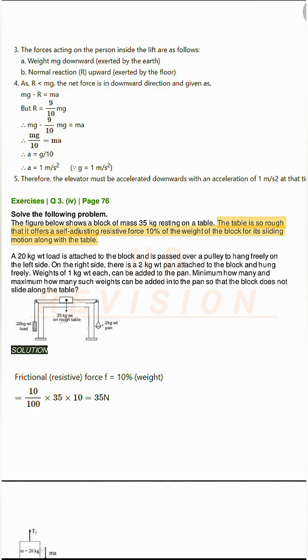A 20 kg Wt load is attached to the block and is passed over a pulley to hang freely on the left side. On the right side, there is a 2 kg Wt pan attached to the block and hung freely. Weights of 1 kg Wt each can be added to the pan. Minimum how many and maximum how many such weights can be added into the pan so that the block does not slide along the table?